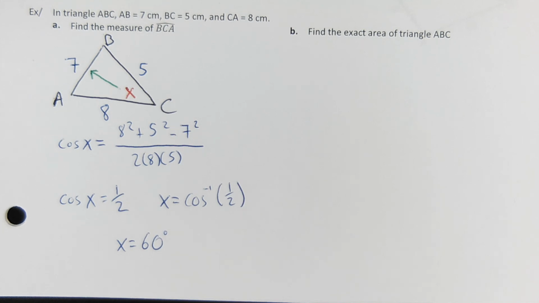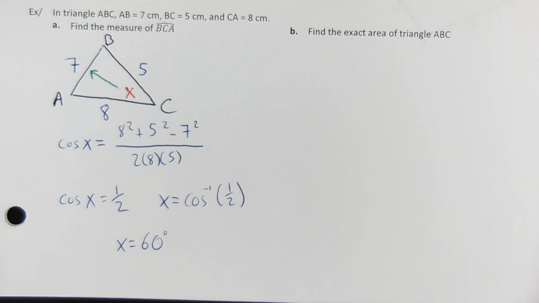So even though cosine is positive in 2 places, it can't happen in real triangles. So this is the only possible answer, because the other answer of 300 degrees makes absolutely no sense in a triangle. Triangles can only be drawn in quadrant 1 and 2, because the angles have to be smaller than 180 since they all add up to 180.